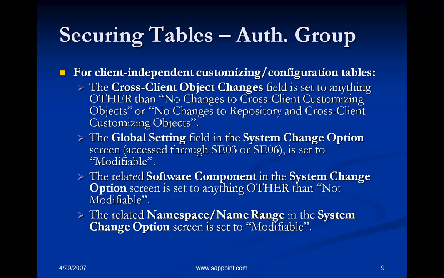So the client settings should be set such that the cross client object changes field is set to anything other than no changes to cross client customizing objects or no changes to repository and cross client customizing objects. Now this setting you can see in the transaction SCC4.